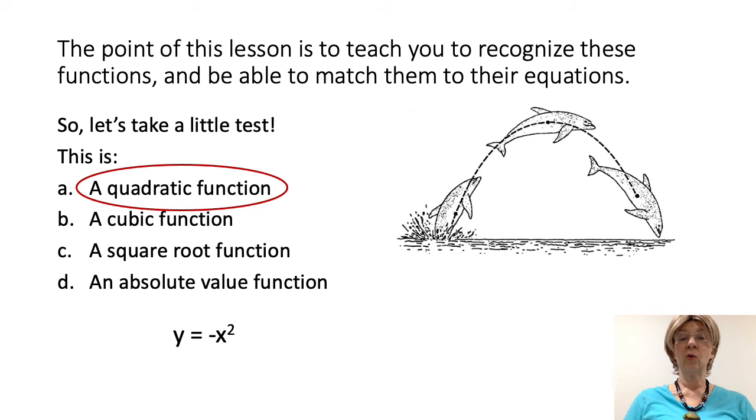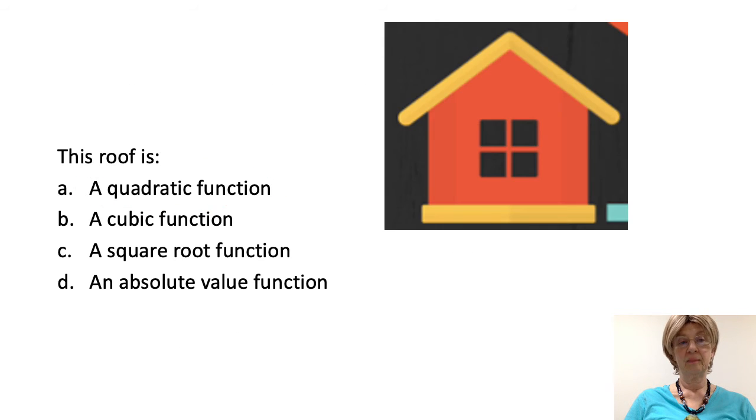It is a quadratic function. In fact, it's the negative quadratic function, y equals minus x squared. This graph is A, a quadratic function, B, a cubic function, C, a square root function, or D, an absolute value function.